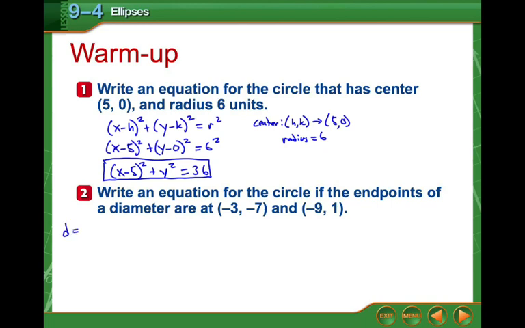For us, we're going to do the distance formula to find the length of the diameter. So that's going to be our x's, -3 minus -9, so we're adding 9, plus -7 minus 1 squared.